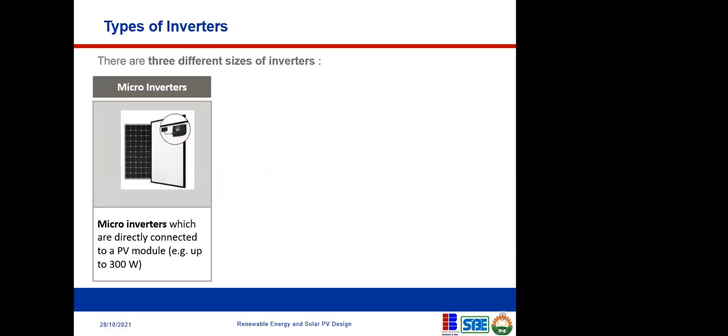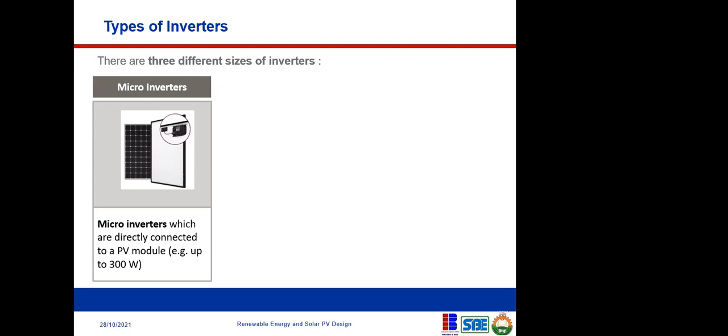So now let us look at types of inverters. There are different kinds of inverters at different levels of design. There are three different sizes of inverters. There are inverters that we call micro inverters. Micro inverters mean that every PV module has its own inverter. So if you have 10 PV modules in your house, each one of them has its own inverter.